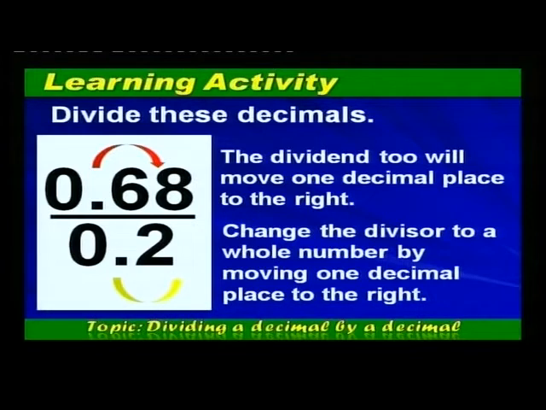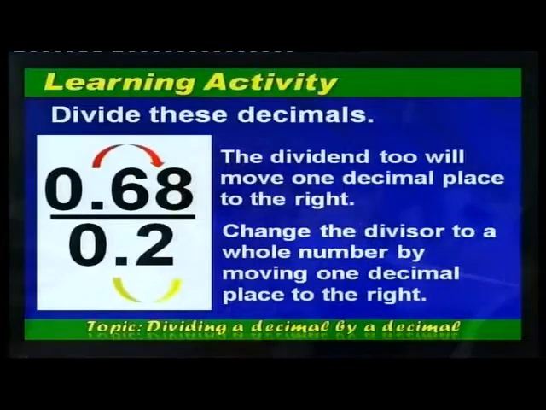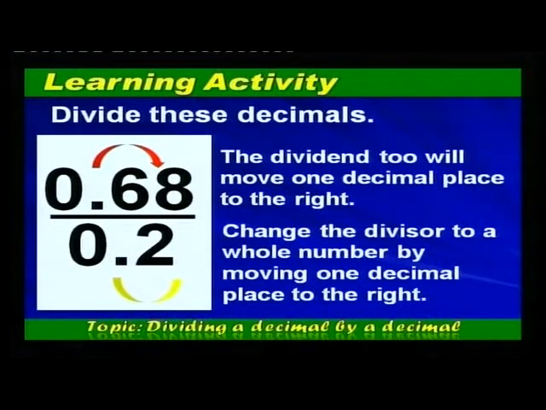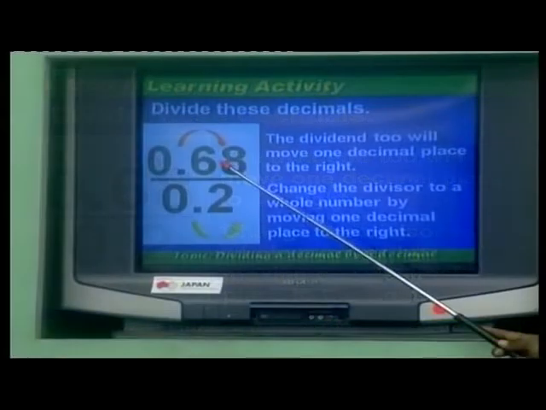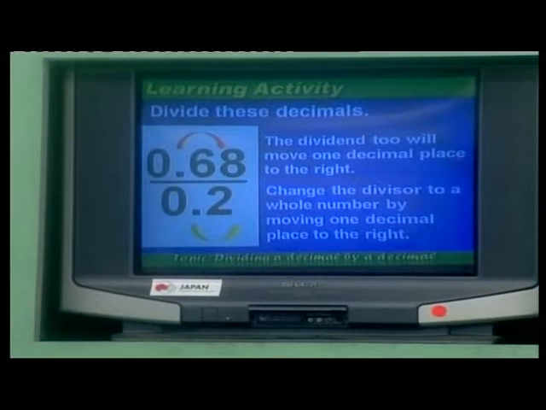So what do you think our new number will be? What's the new number in the dividend? 6.8. Excellent. It's going to be 6.8 because you're moving the decimal point one place to the right.